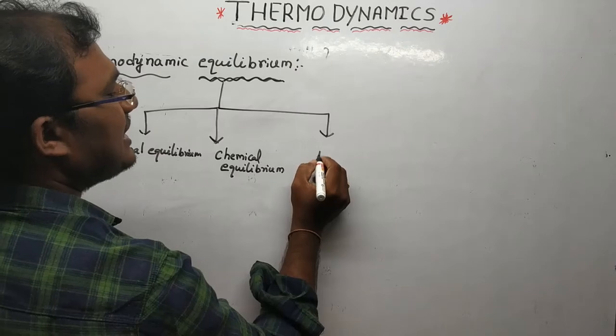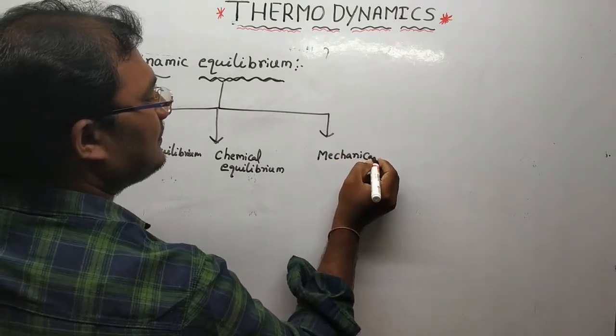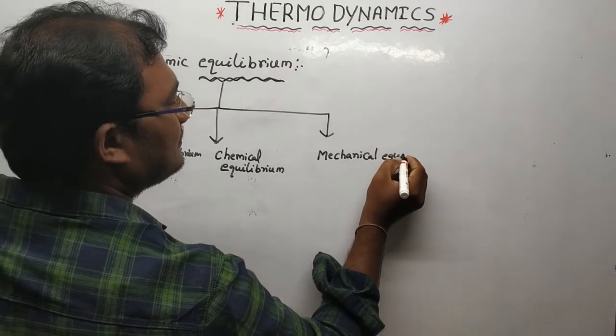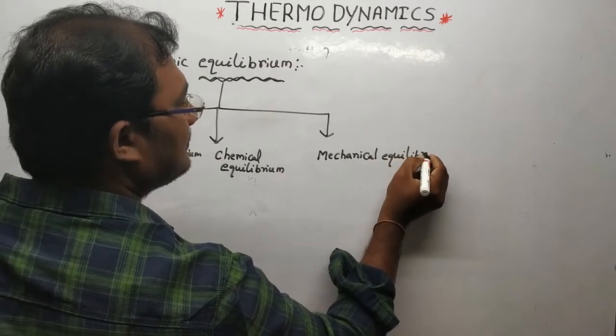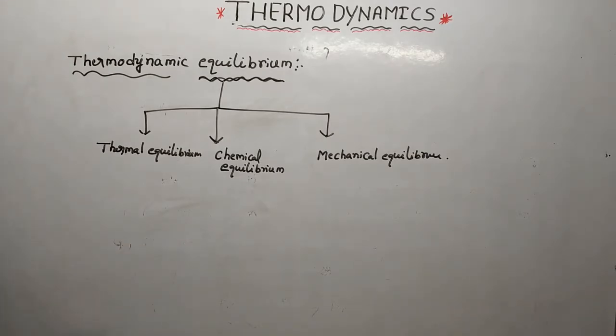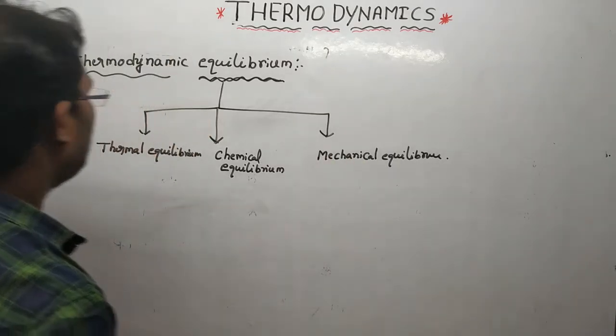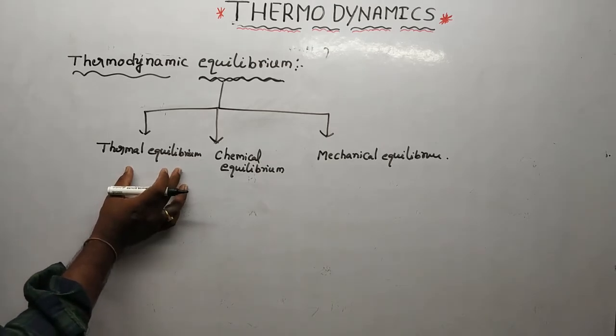Third one is mechanical equilibrium. In thermodynamics, there are 3 types of equilibrium. First one, thermal equilibrium. Second one, chemical equilibrium. Third one, mechanical equilibrium.